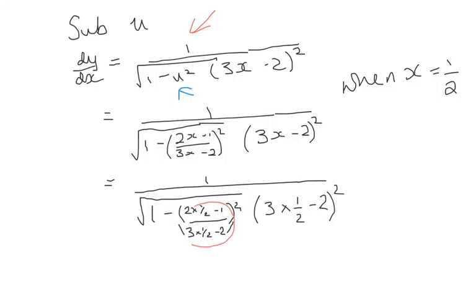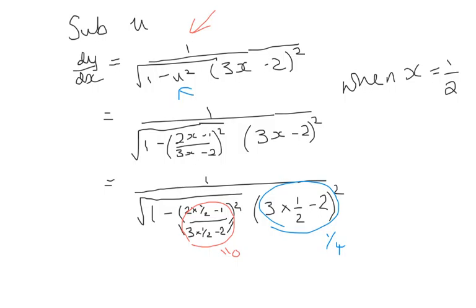And the other bracket, 3 times a half is 3 halves, or 1 and a half, subtract 2 would be negative a half. Negative a half squared is a quarter. So all of this ends up being a quarter.